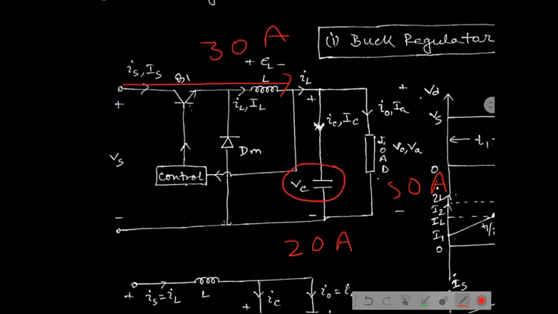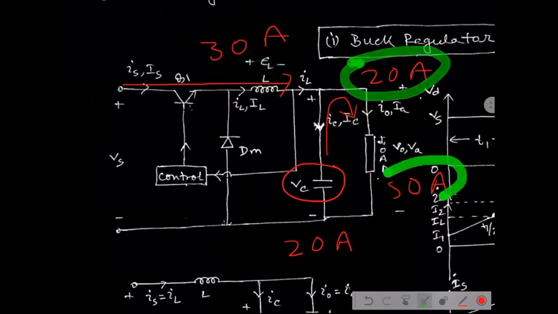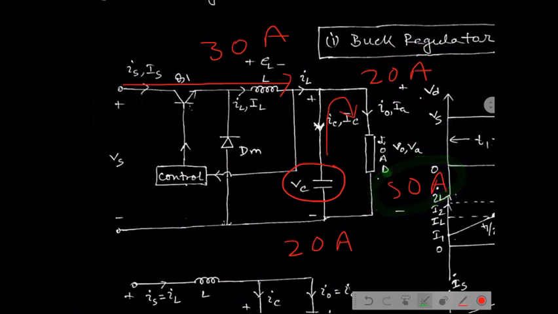Then the capacitor starts discharging and provides the additional 20 ampere. So this 30 ampere and the capacitor discharging current of 20 ampere give 50 ampere to the load.